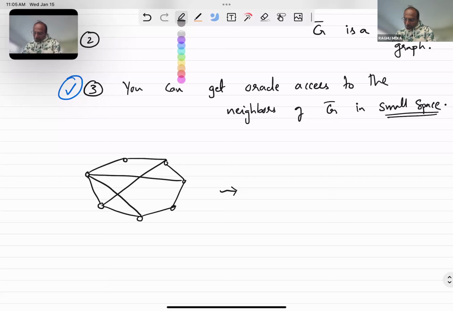So the way I'm going to do it is essentially create 2 new vertices along each edge. You know what?